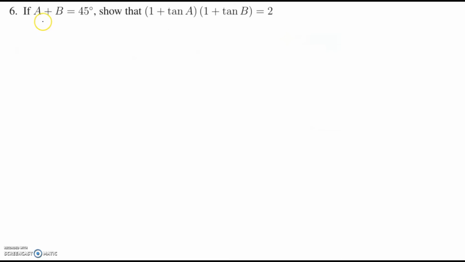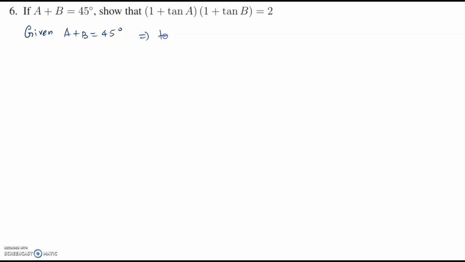Question number 6. If A plus B is equal to 45 degrees, show that 1 plus tan A into 1 plus tan B is equal to 2. So given A plus B is equal to 45 degrees.